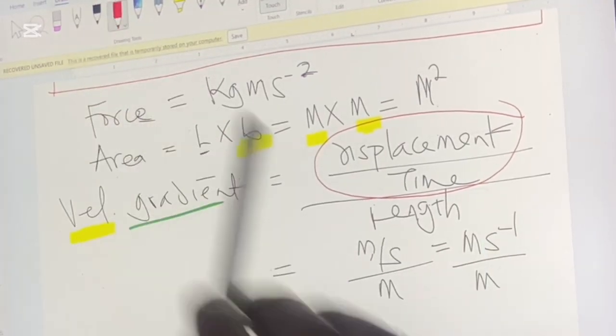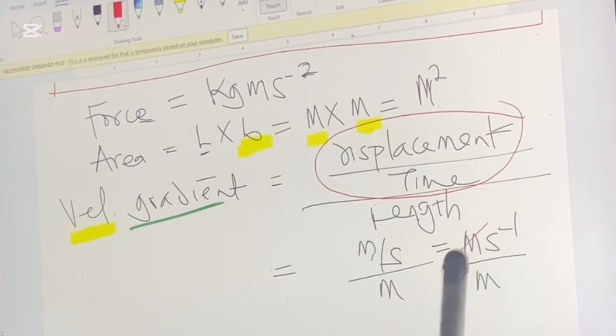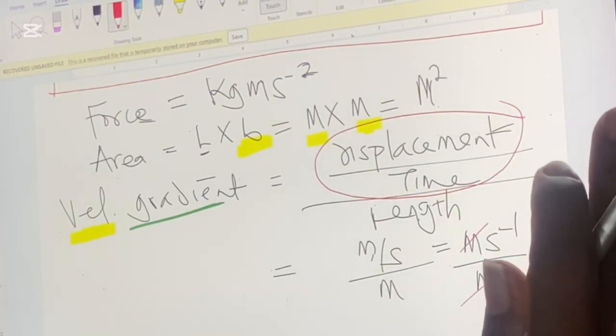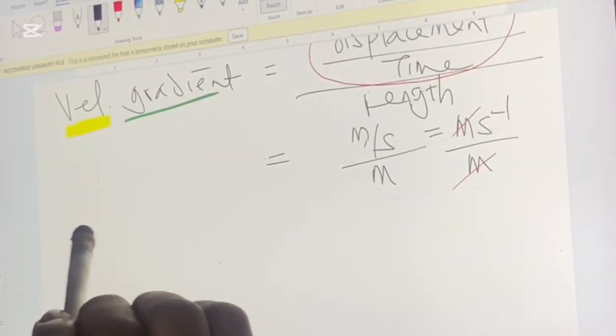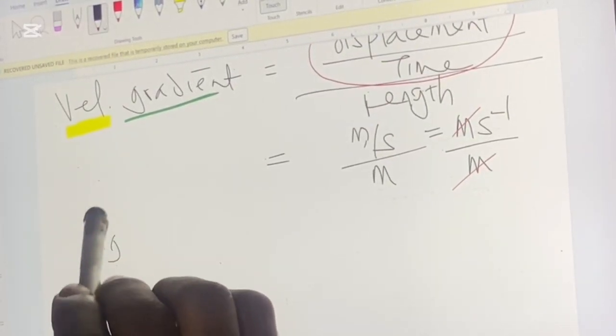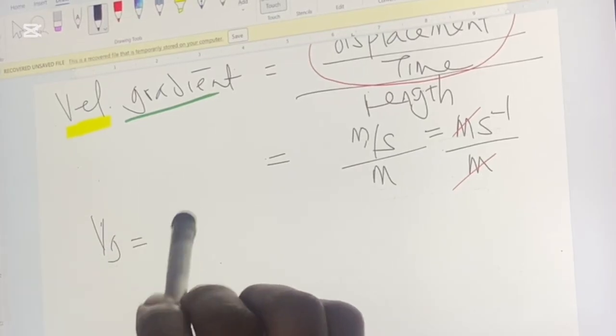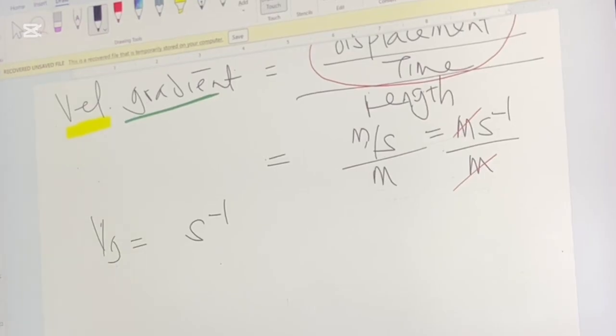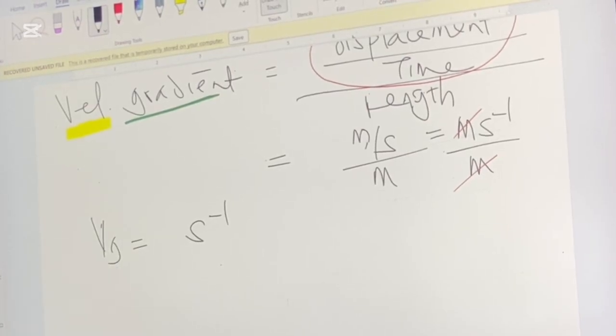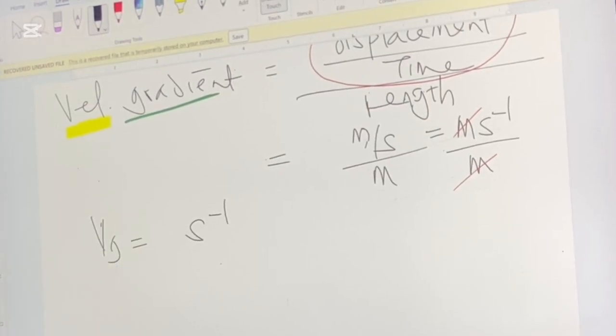So the meter here at the numerator, we divide the meter at the denominator. So our velocity gradient will be equal to per seconds. So we have known the unit of force, we have known the unit of area, and again we have known the unit of velocity gradient.